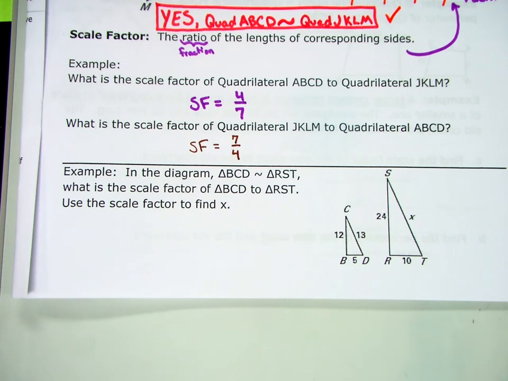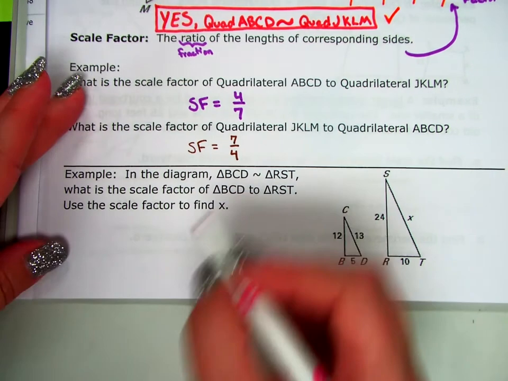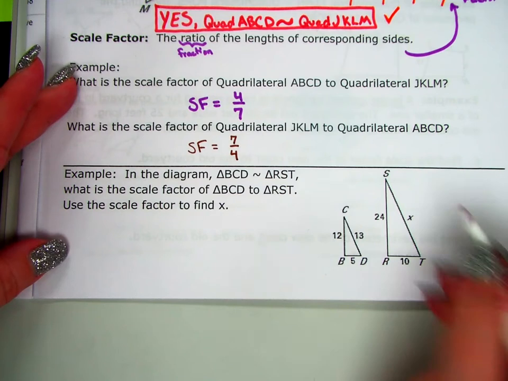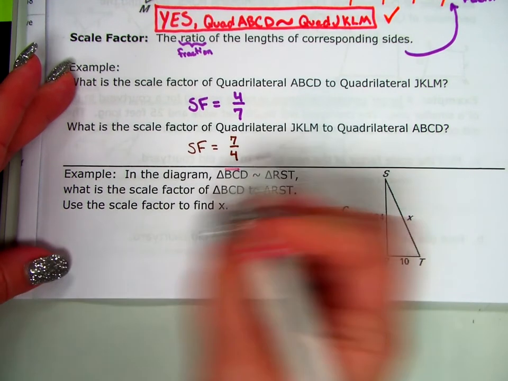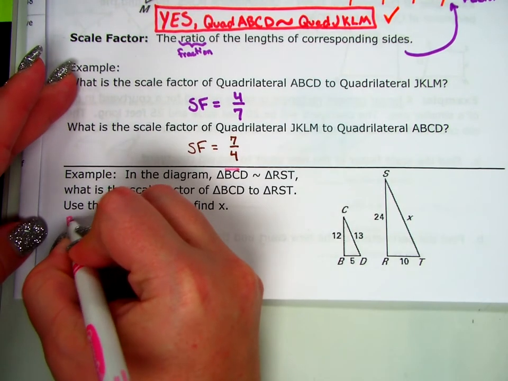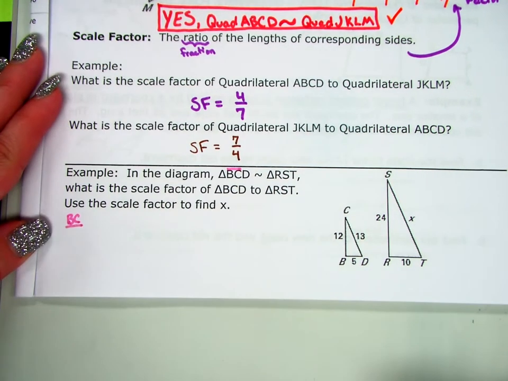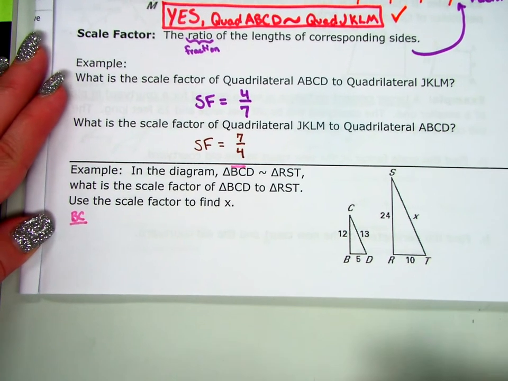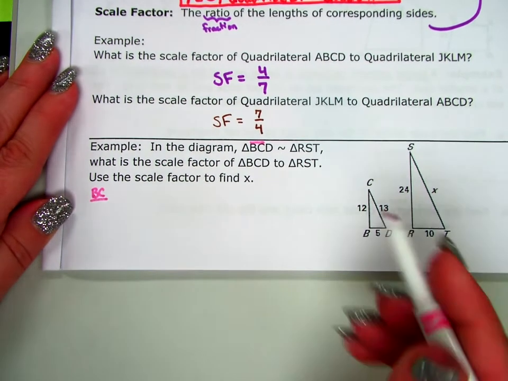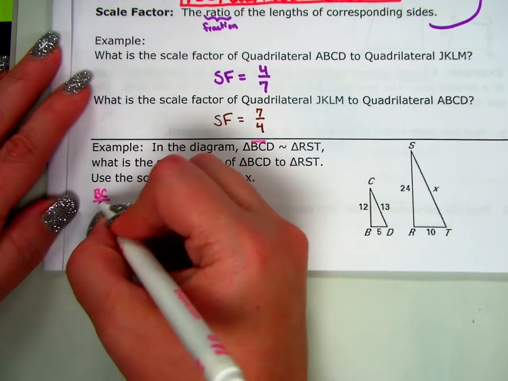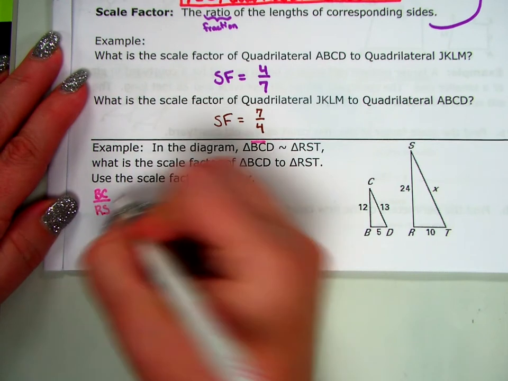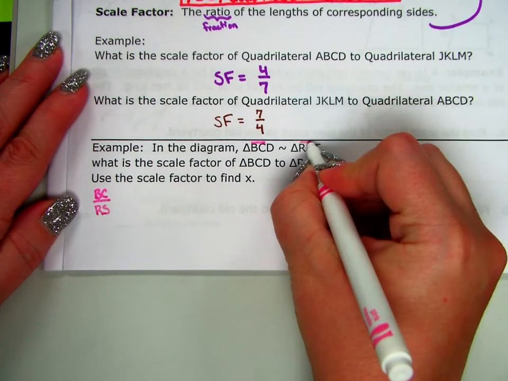Okay? So if I start looking at my sides, BC, my first two letters here, that's going to match up with what? RS. Oops, I don't know what I just knocked out. Okay.